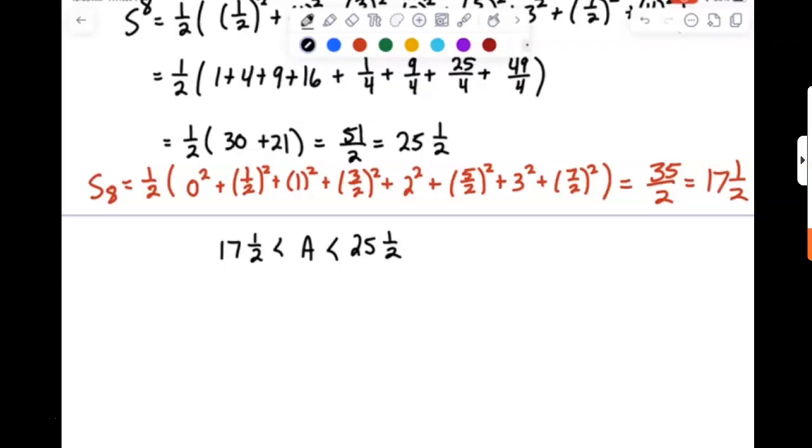Now the idea that we're going to be building to here is that we're going to let the number of rectangles go to infinity. Right? We've talked about limits going to infinity, so we're going to set this up as something we can take a limit going to infinity to, so that we can actually get the actual area.